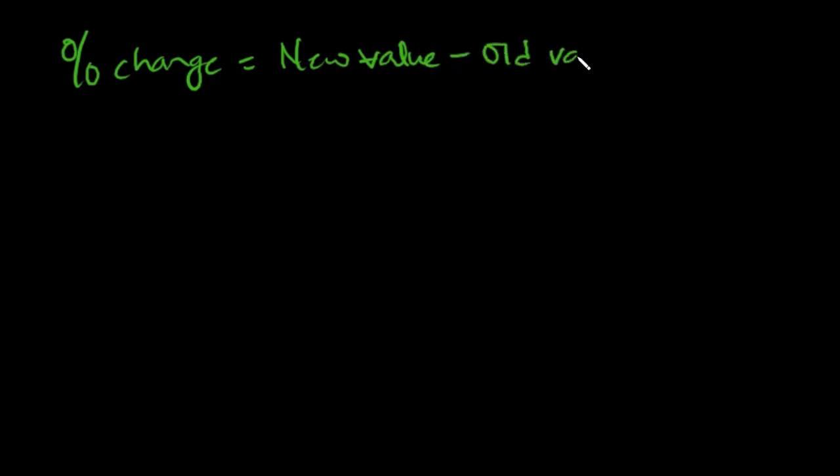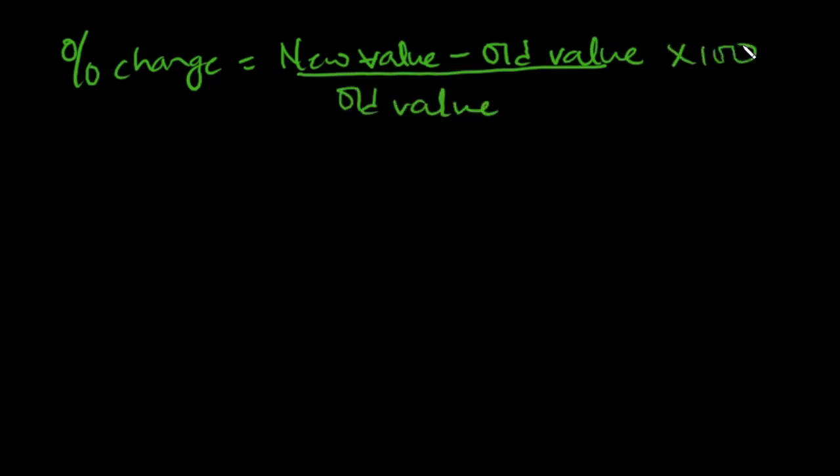So some other texts also rewrite the formula as percentage change equals new value minus old value, all over the old value, multiplied by 100 over 1.